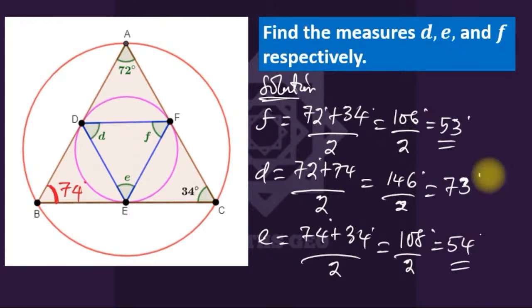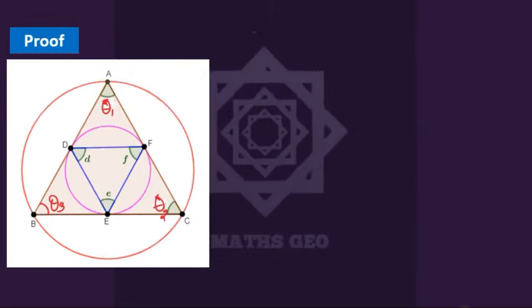So let me prove how I got this formula. So let's prove that. So assuming this is theta 1, theta 2 and theta 3, we're going to use this theorem aside our alternate segment theorem.